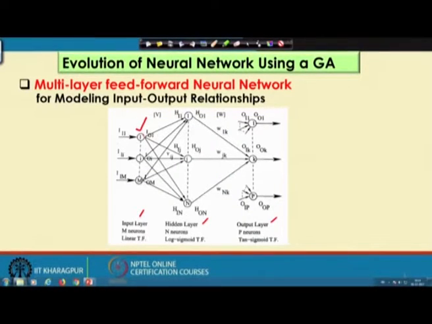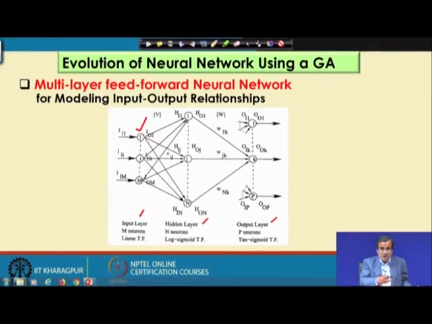Let us try to see in short the principle of the biological neuron first, and then I will design the artificial neuron, and then gradually I am going to constitute a layer of the network, and then the whole neural network, and we will see how to evolve this network with the help of a genetic algorithm.